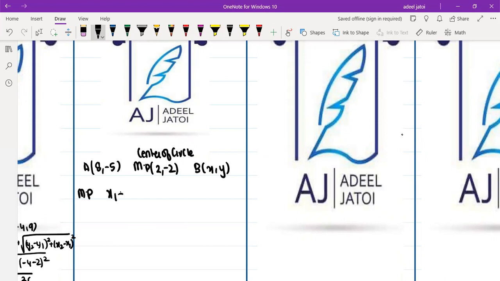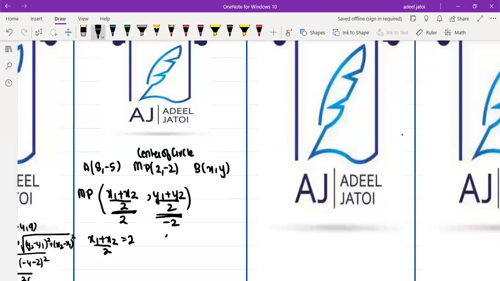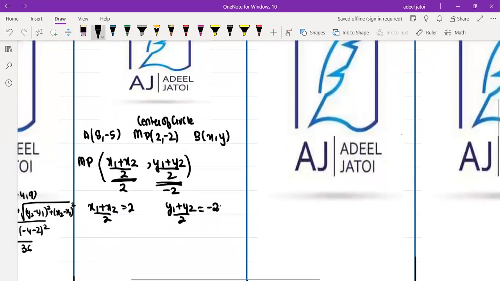For that, x1 plus x2 upon 2 comma y1 plus y2 upon 2, this whole thing will be equal to 2, and this will be equal to minus 2. So we can write that x1 plus x2 upon 2 is equal to 2, y1 plus y2 upon 2 is equal to minus 2.